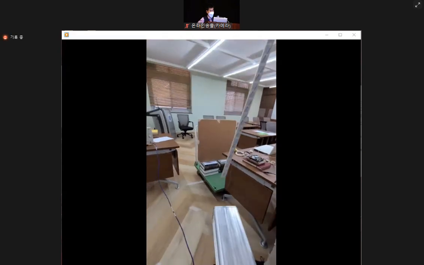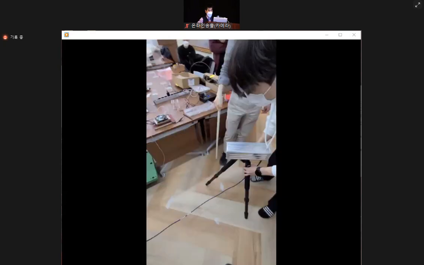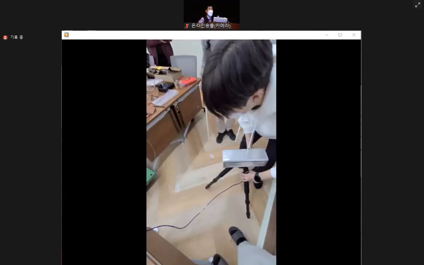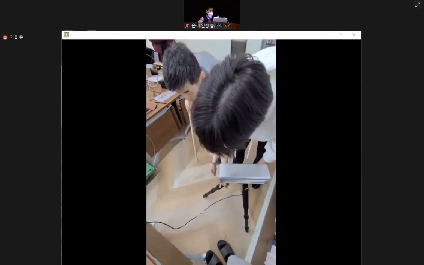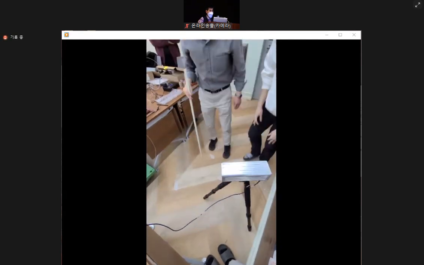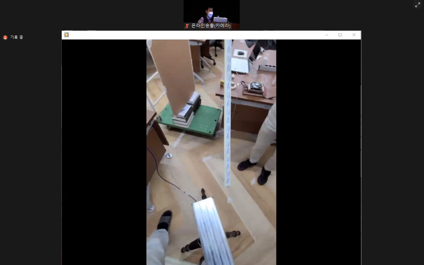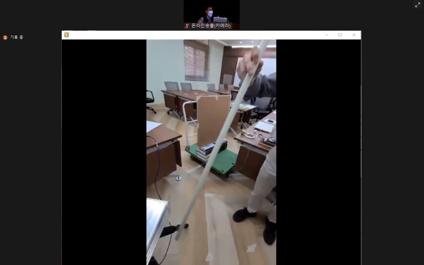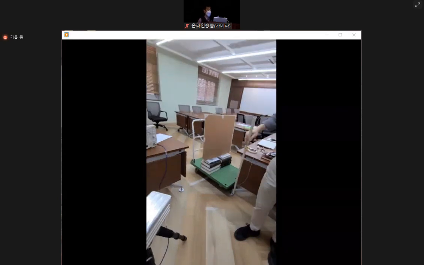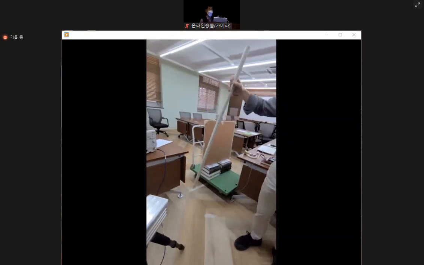Now we will change this probe to a higher angle. Good. My research assistant has moved the angular position from 41 or 45 degrees toward around, say for example, 60 degrees or 70 degrees.